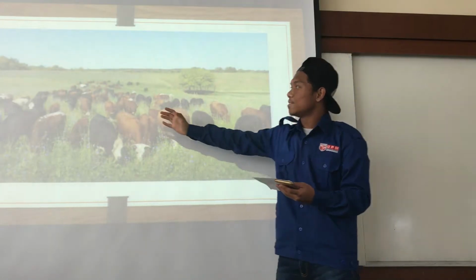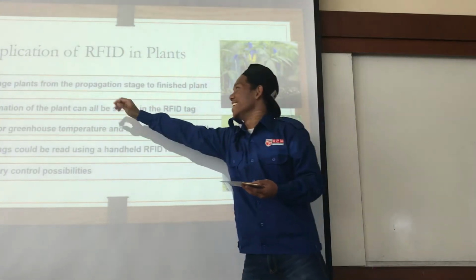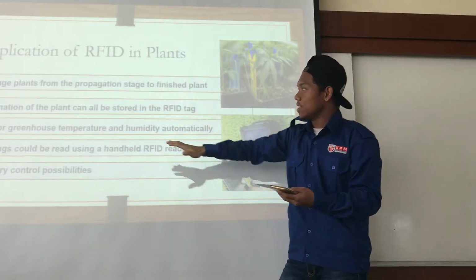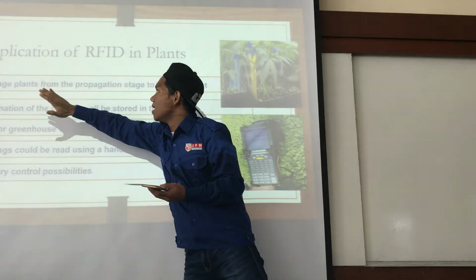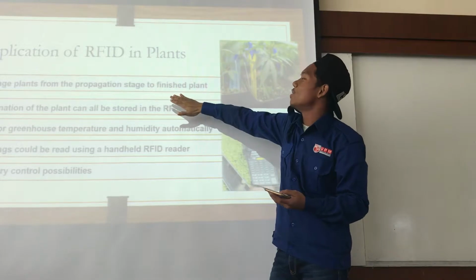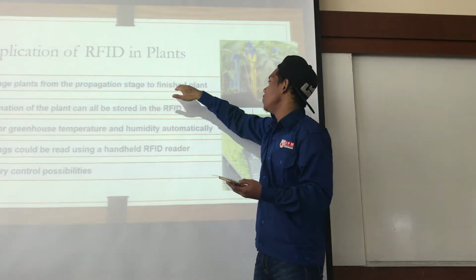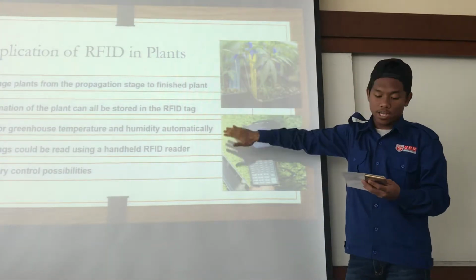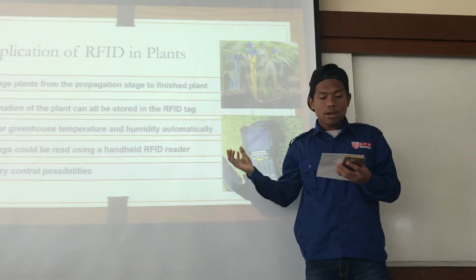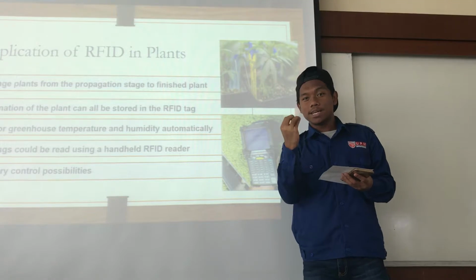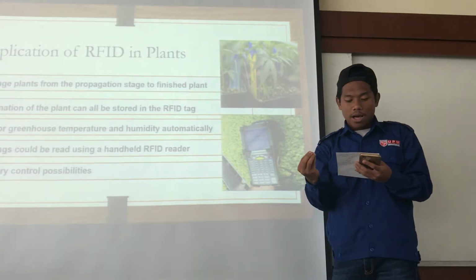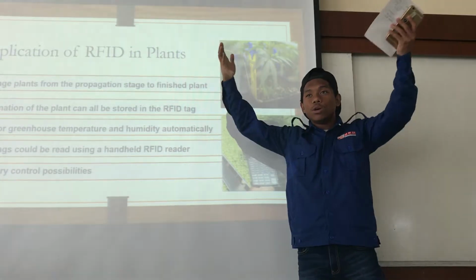This is the application of RFID in plants. Firstly, we can manage plants from the propagation stage to the finished plant. When we use RFID, we can control the plant from the beginning, which is the seed, until it becomes a big plant.